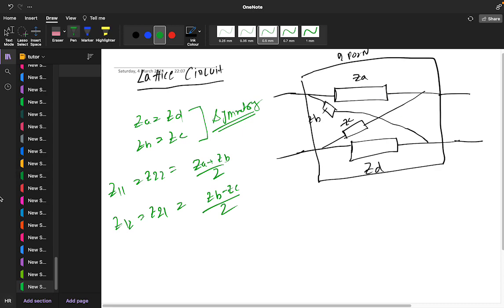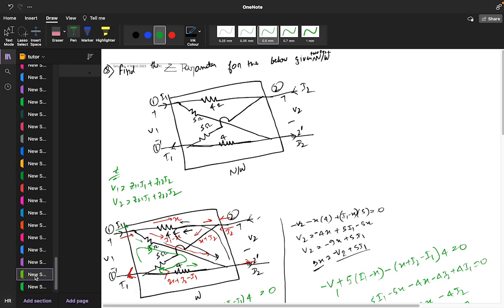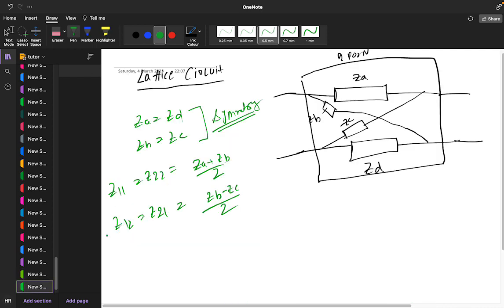So what was the value? Means 4, 5, 5, 4. This is 4, and this is 5. Okay, this value is 5, and this value is 5. Substitute and just tell me what you guys are getting.